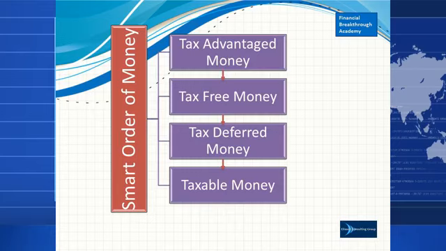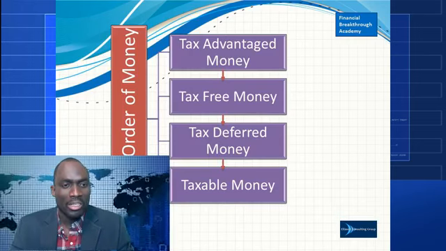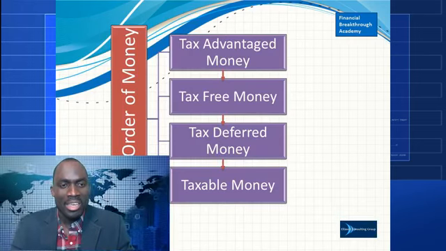So if you want to understand which bucket your money is in, this is a good snapshot, a mental picture you can have. So we'll take a look at each one of these categories of money and see how they relate to what we possess and have.